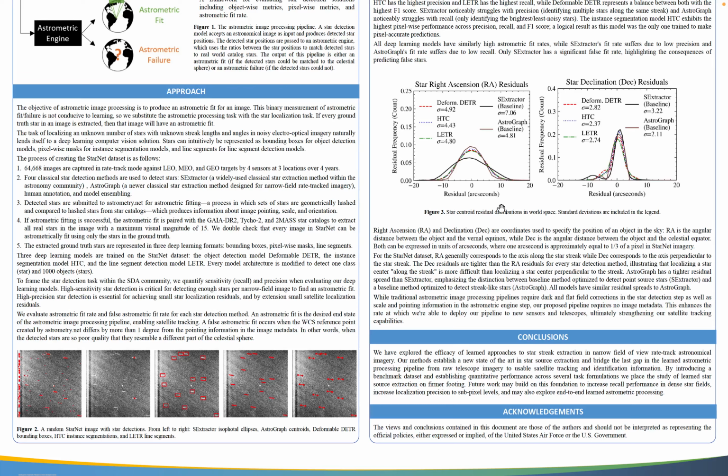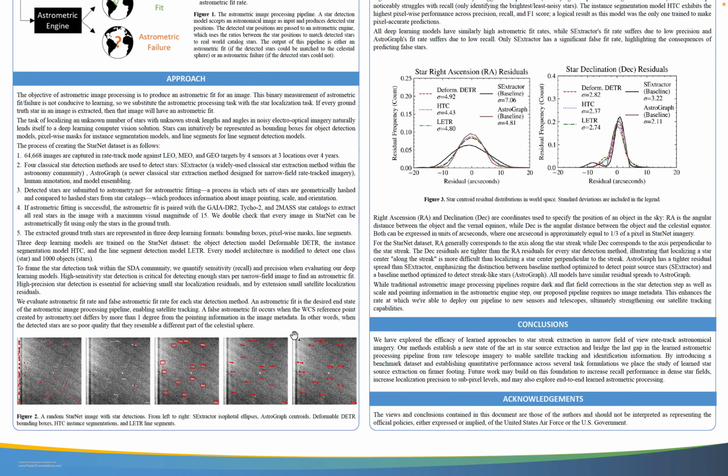In general, the RA residuals are wider than the DEC residuals. And this means for our dataset that it's easier for both models and baseline methods to identify the center of the star looking perpendicular to the star streak, and harder to identify the center of the star when we're looking along the star streak.